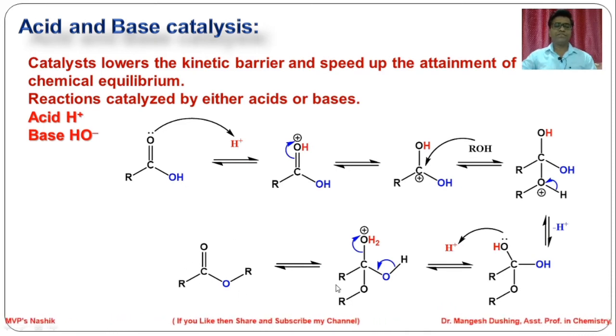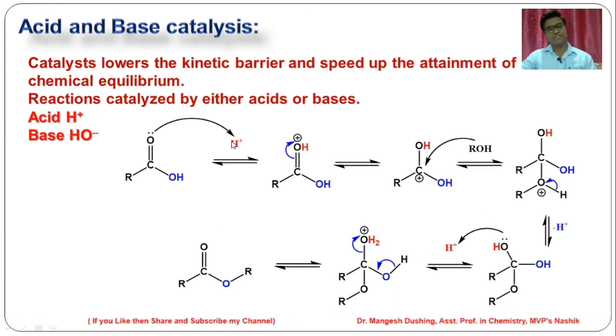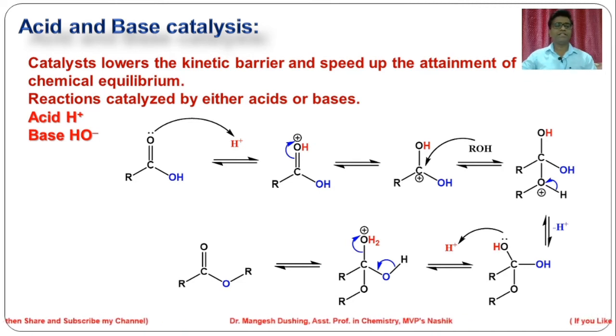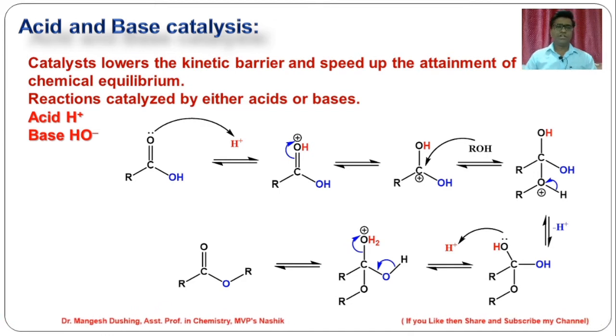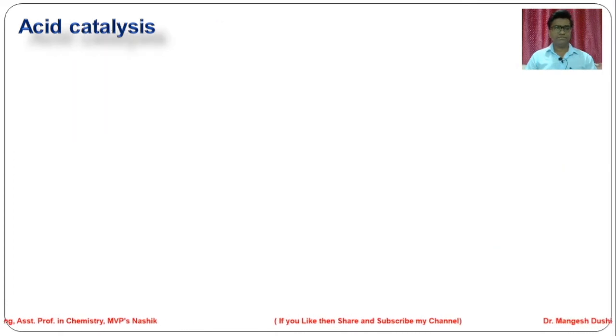This esterification reaction is catalyzed by the H plus ions, those H plus ions coming from hydrochloric acid, or you can say H2SO4. So this esterification reaction is catalyzed by the H plus ions, that is an acid catalyzed reaction. In acid catalyzed reactions or base catalyzed reactions, both are of two types.